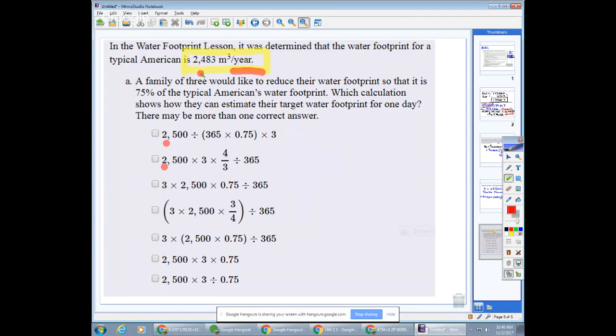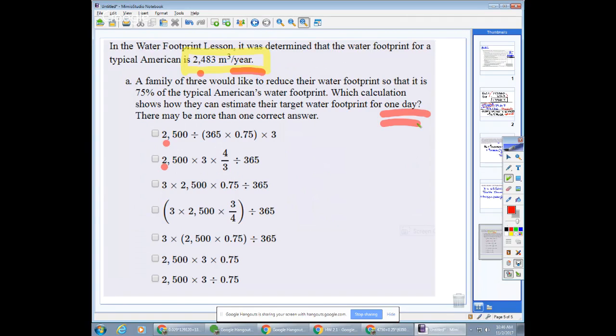Family of 3 would like to reduce their water footprint so that it is 75% of the typical American's water footprint. Which calculation shows how they can estimate their target water footprint for 1 day?